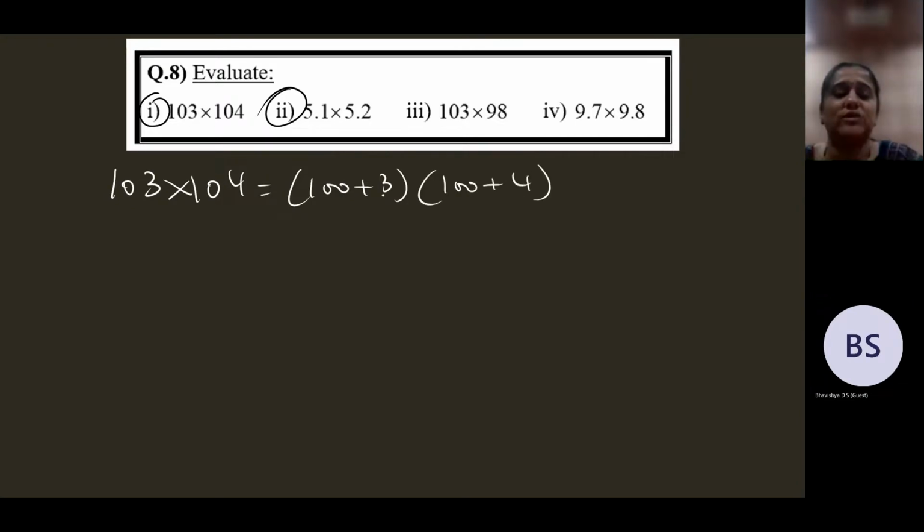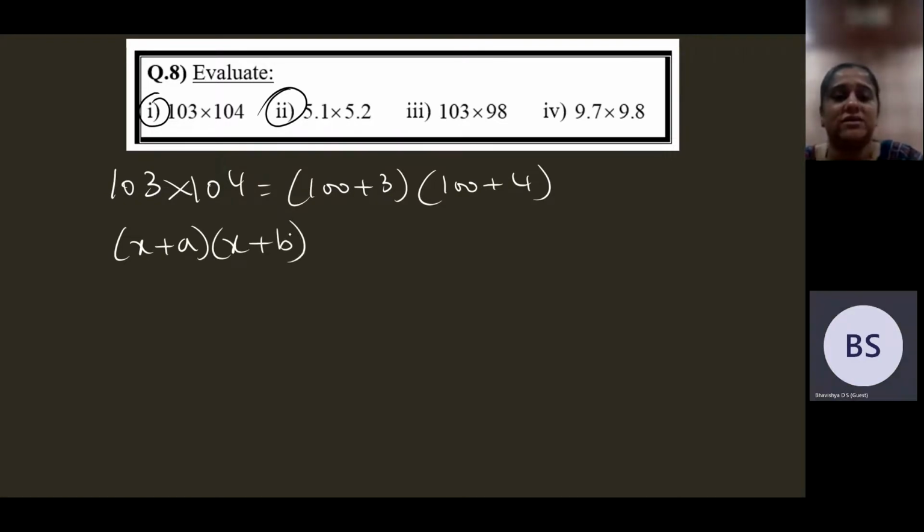Perfect. So how does this look for you? It looks like x plus a into x plus b, correct? Yes, ma'am. See, your x is 100, a is 3, b is 4. So x plus a into x plus b is equal to, complete the identity.